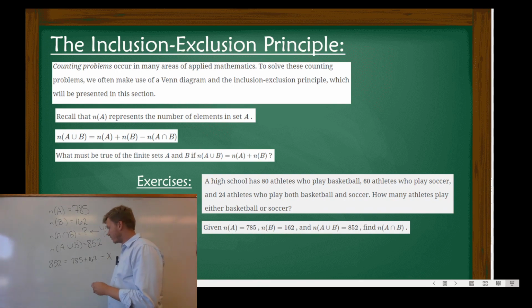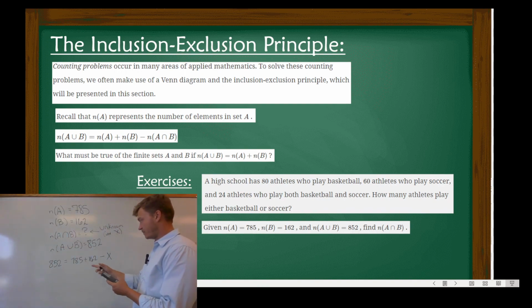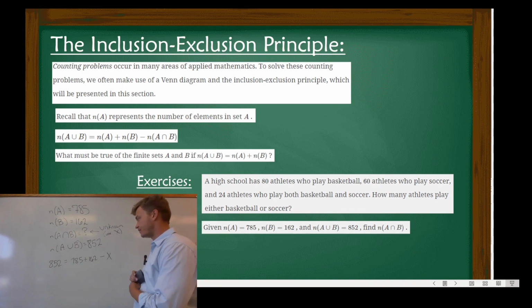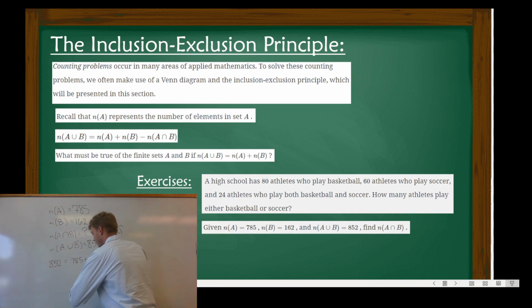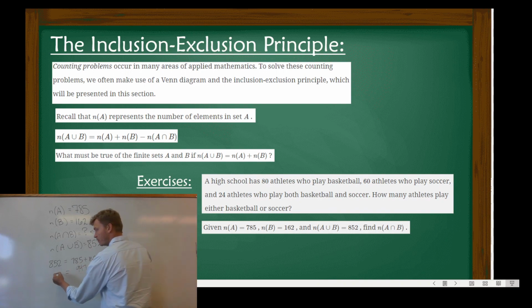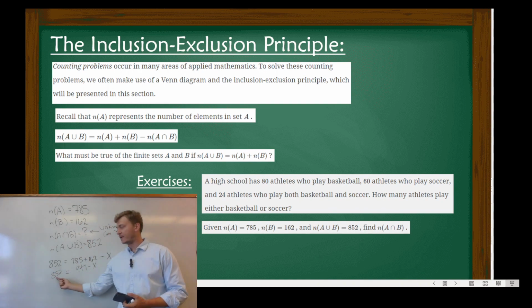So I'm going to go to my calculator over here because it's going to be efficient for me. 785 plus 162 is 947. So 947 minus some number is 852. So it would benefit me to know what number do I subtract from 947 to get 852?